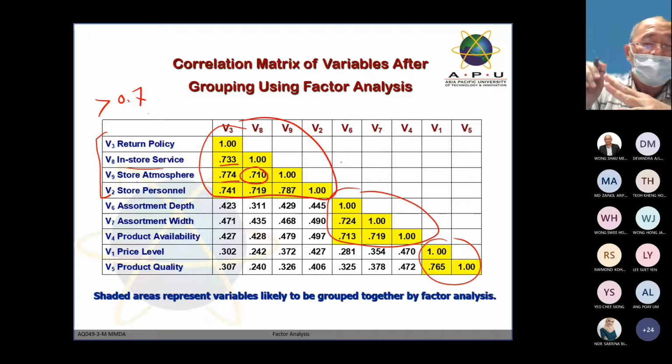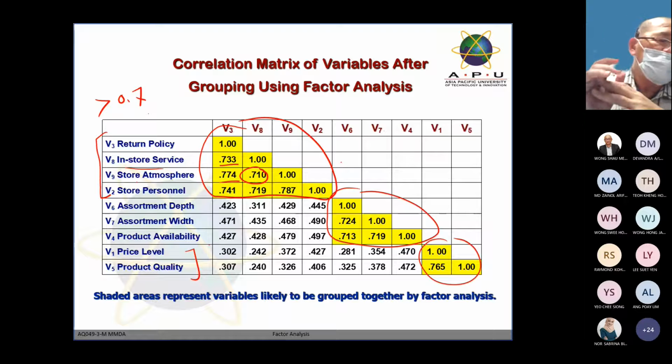So second method, let's say here we have two. We see the bottom one has two: price level and product quality. So any suggestion?